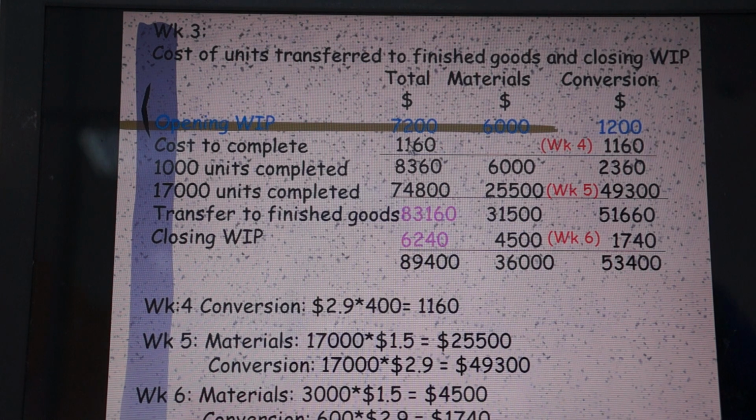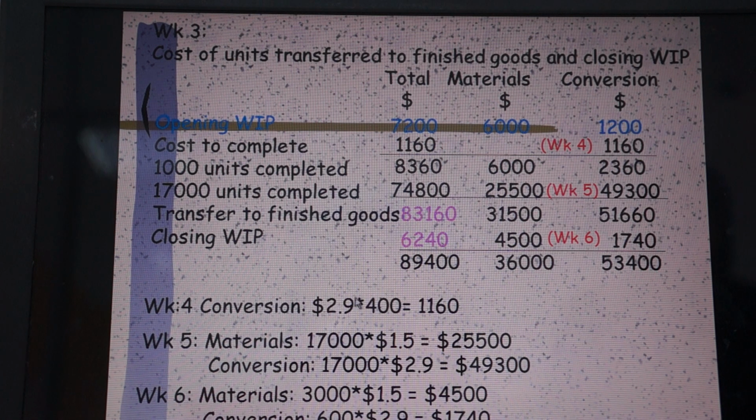Cost to complete. Look at this is working number 4. Working number 4 is, okay, we have to get the conversion cost. Cost to complete is only for conversion cost for opening work in progress. Hanya conversion cost sahaja yang belum siap. So kita ambil cost bagi conversion cost 2.9.